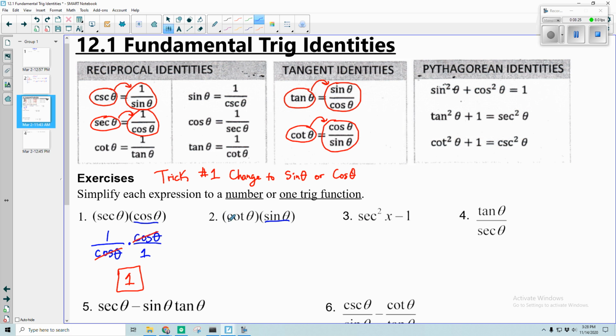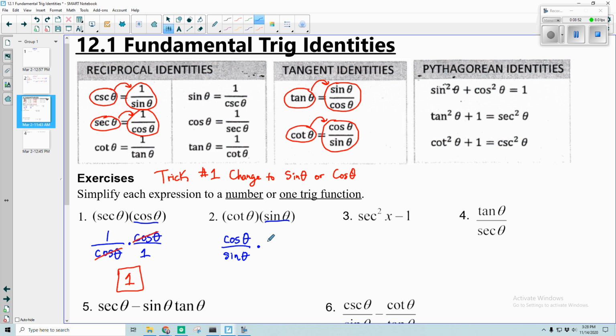So here, I see that cotangent can change into cosine divided by sine. So I'm going to go ahead and do that. So cosine of theta divided by sine of theta. Now, I also see cotangent could change into 1 divided by tangent, but I'm sticking with this trick where it's more helpful to change it in terms of sine and cosine, okay? So I've changed it there using the cotangent identity.